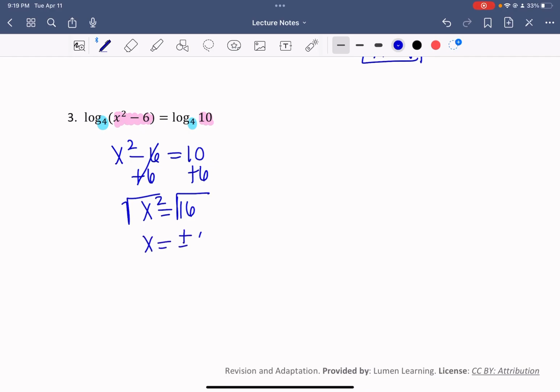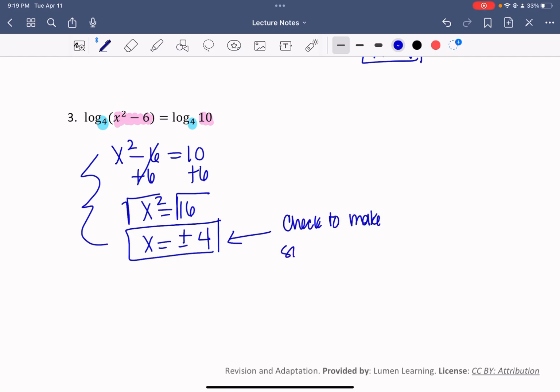So x equal to, don't forget, plus or minus 4. This was just going back to solving your quadratics. Because we do have domain restrictions with our logs, you do want to check to make sure they both work. In this one, there are no problems because of that squared.